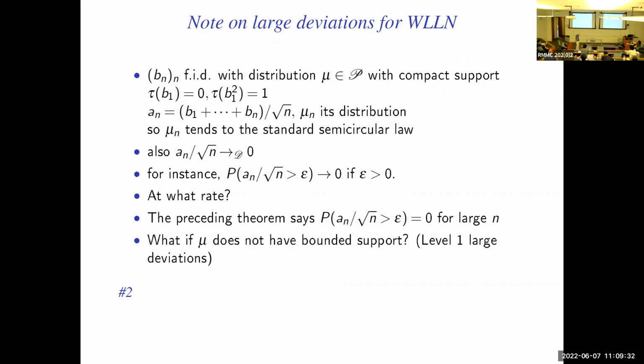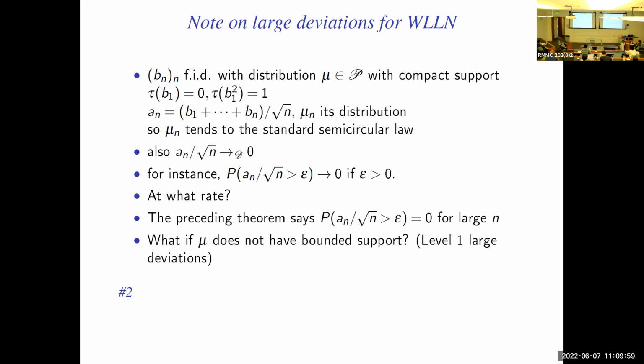However, if mu does not have bounded support, then one might get a theorem. Let's say that your measure mu that you started with is a classical Gaussian, so the support is unbounded. You take the averages, even if they are free averages, they are still going to be unbounded random variables.